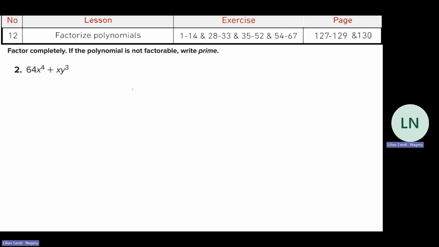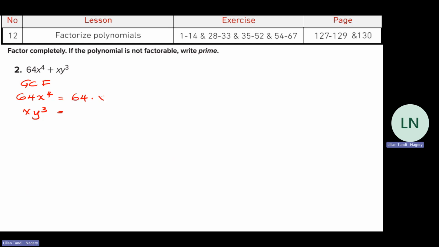So here I'm going to do GCF. So 64x to the fourth power and xy cubed becomes, there's no other number, so I'm not breaking down 64.